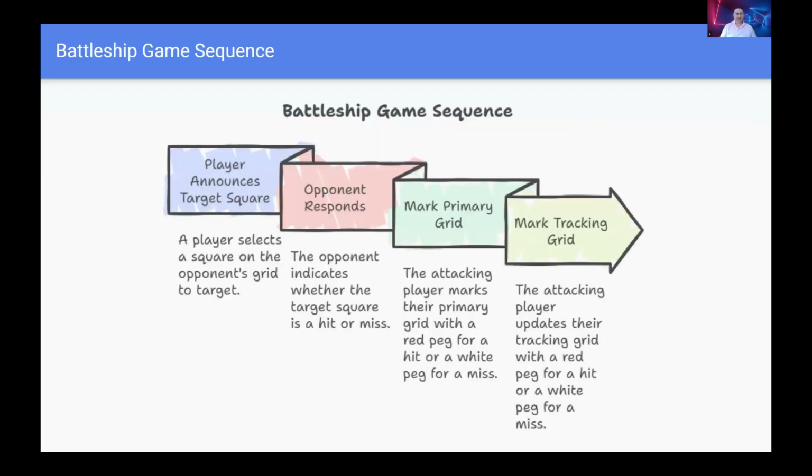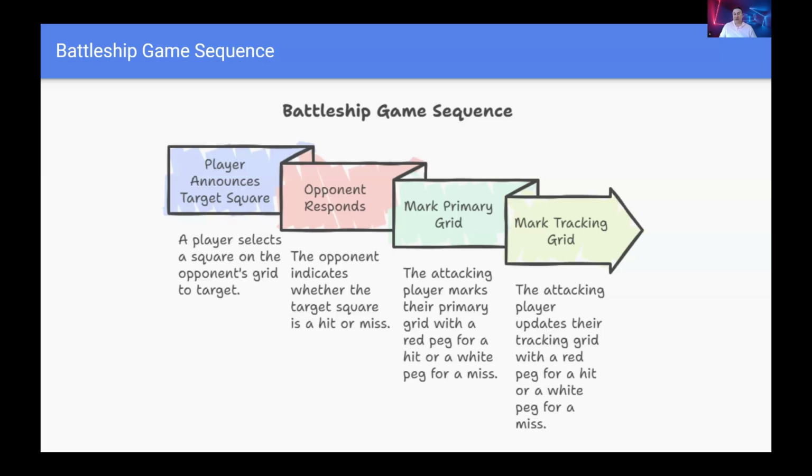Here's a Battleship game sequence. A player selects a square on the opponent's grid to target, so they would announce the target square. The opponent indicates whether the target square is a hit or a miss, so the opponent will respond by saying whether there was a hit or a miss. Then the attacker would mark their primary grid with a red peg for a hit or a white peg for a miss.